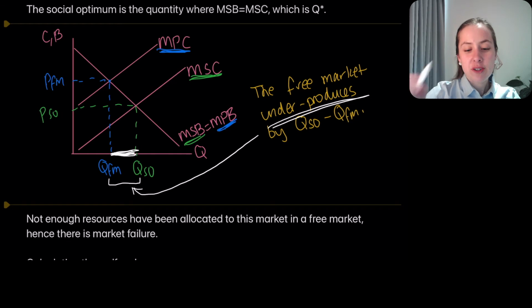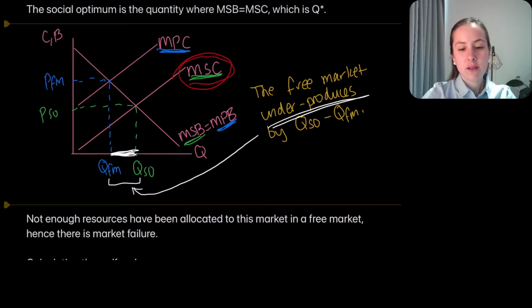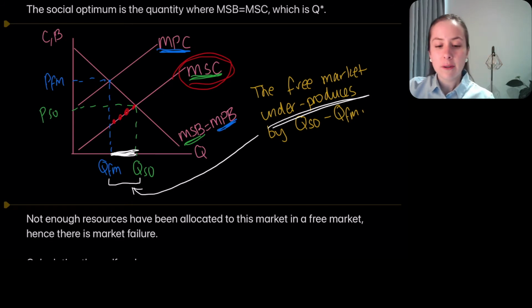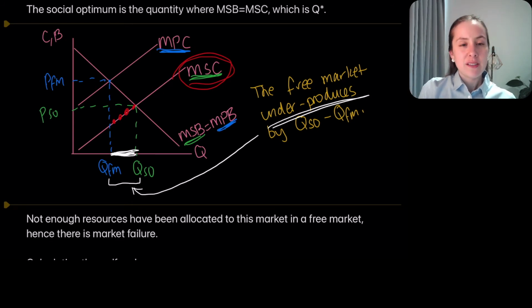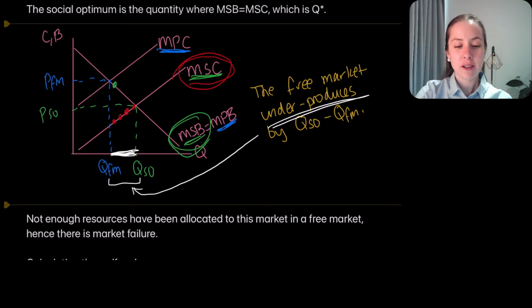If we had produced the units between QFM and QSO, we would have faced some social costs. We would have faced the social cost of that much for that unit and this much for this unit. We would have faced all of these social costs. But at the same time, we would have benefited too. Not everything is bad. And these units are actually more good than bad.